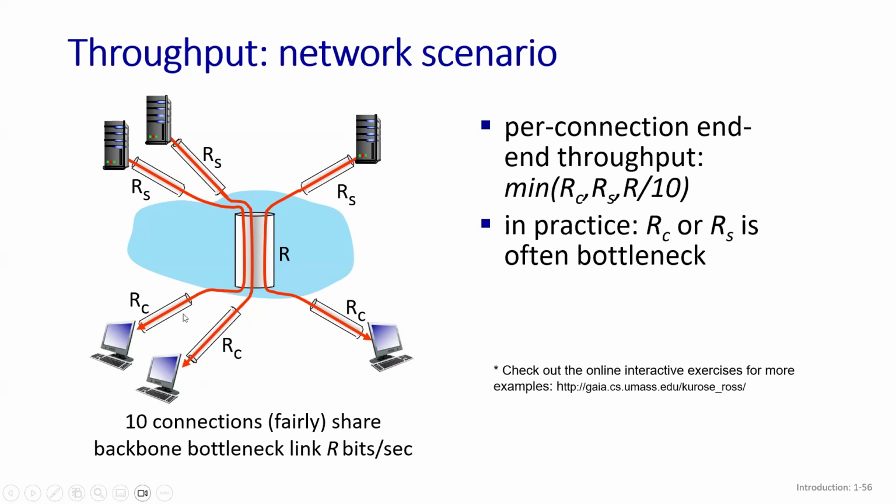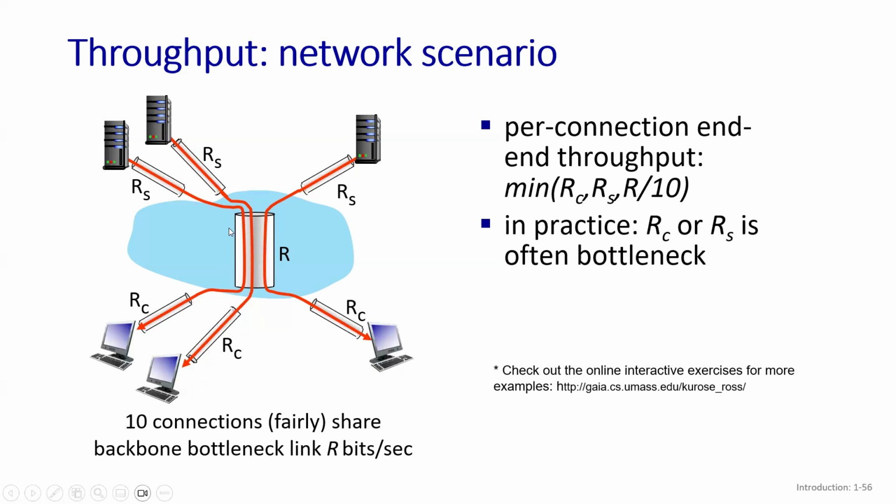And on the client side, we have Rc bits per second. We also assume in this scenario, for the sake of simplicity, that the backbone is fairly shared between all these 10 connections. What it means is that every connection between a client and a server is utilizing R/10 bandwidth. So what is the average throughput in this scenario?